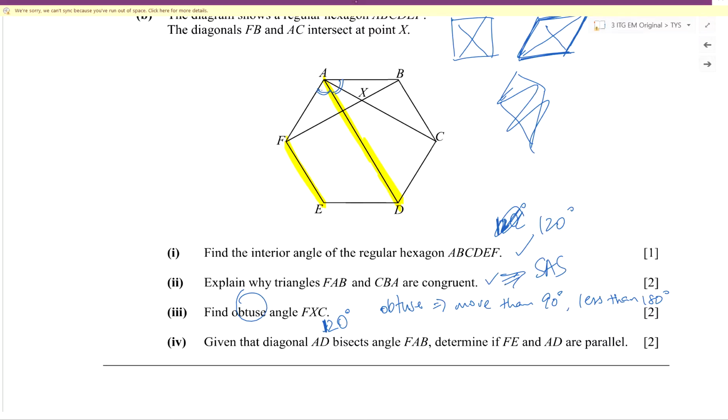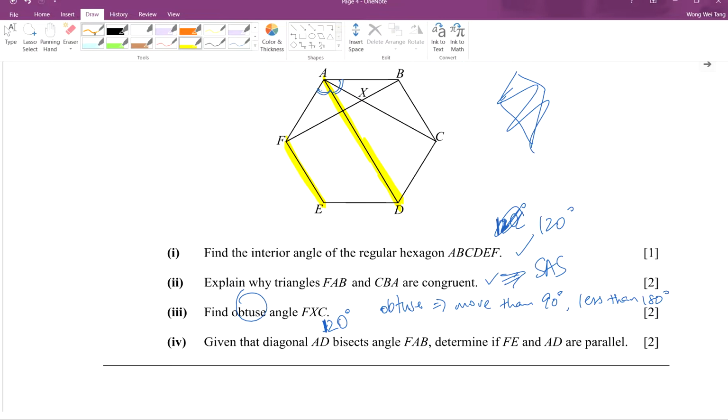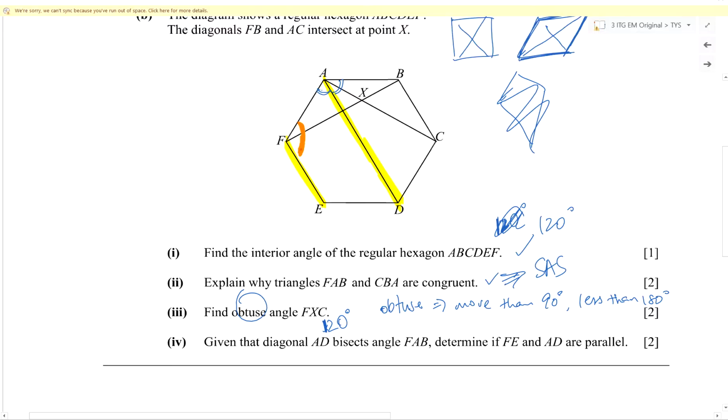Interior. So I should be finding this angle. If you are using the exterior angle, then you can show that the blue angle equals this exterior angle, and then by the converse of alternate angles parallel lines, therefore they are parallel.